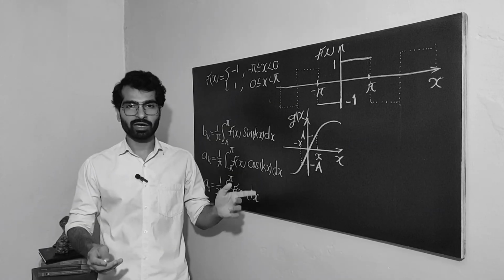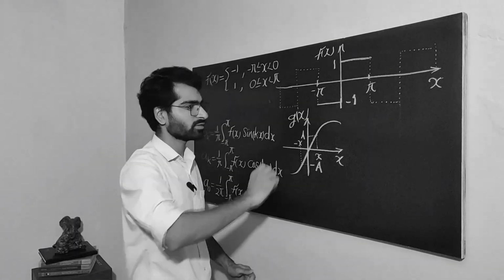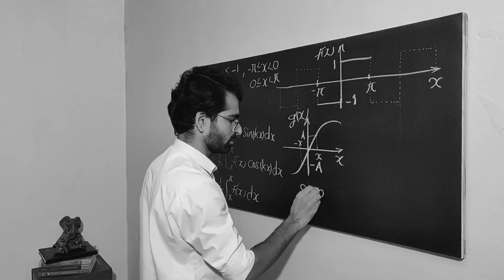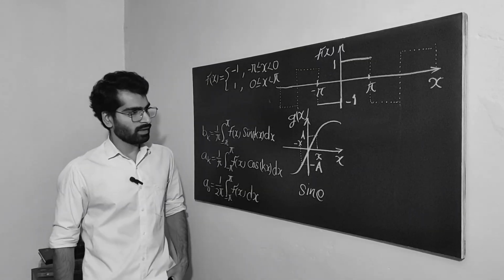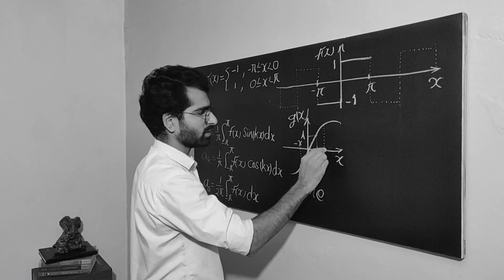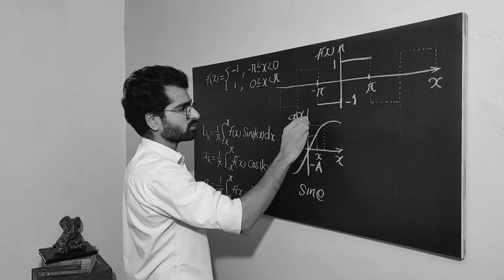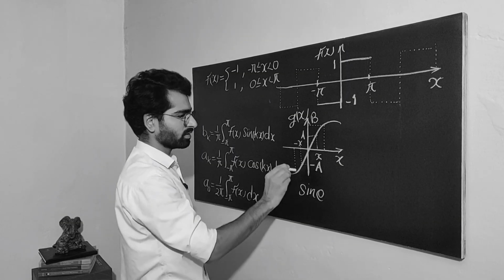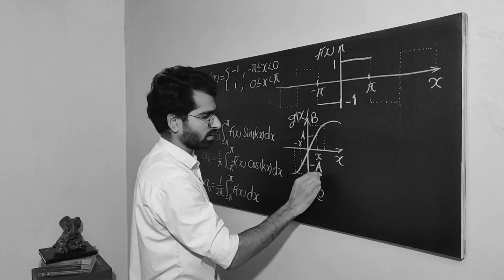Sine waves are odd. This is how they go. You can also check that if at this point the function's value is b, then at the mirror image it must be minus b.